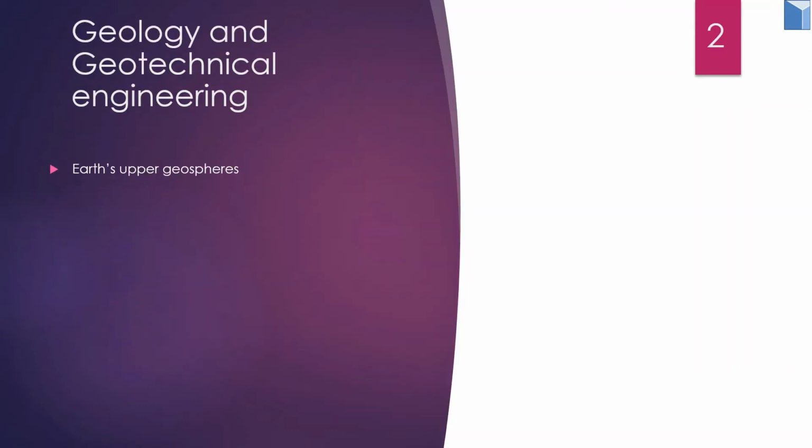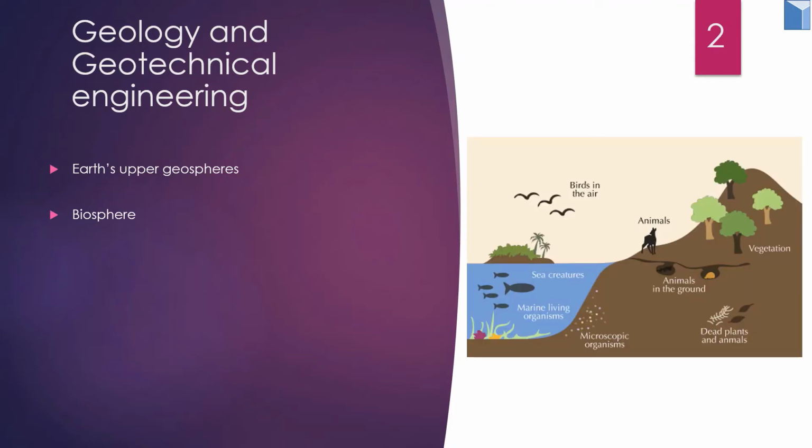The other sphere is the biosphere. The biosphere is the organic content that covers our planet, and it has been there since the early ages of creation of our planet Earth, in a very primitive shape as very small bacteria living in the ocean's water.